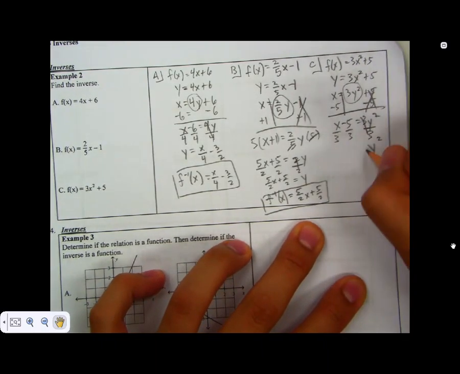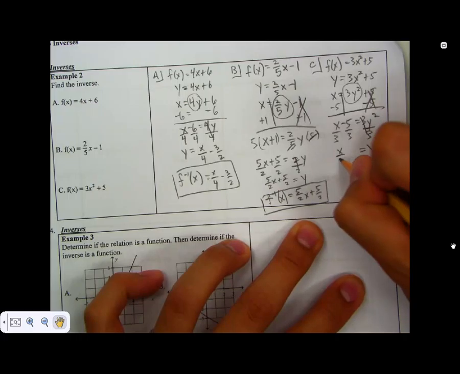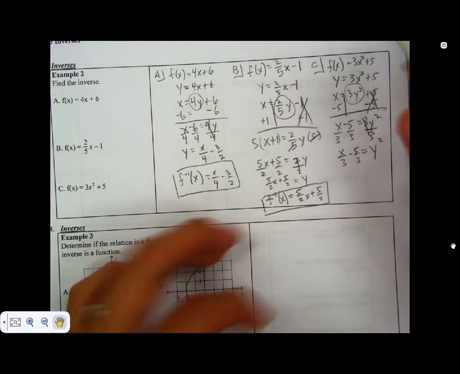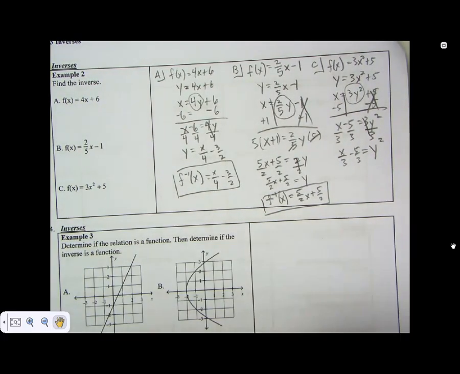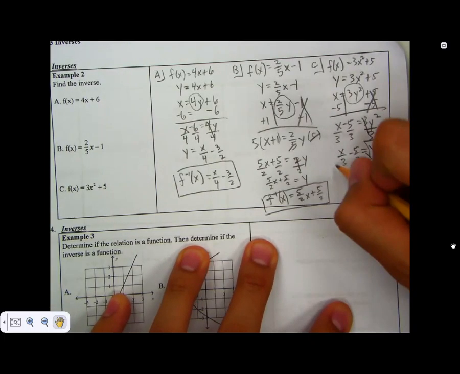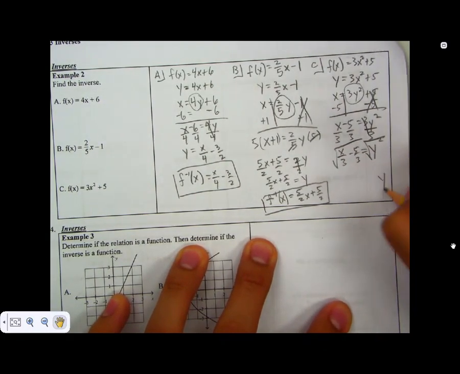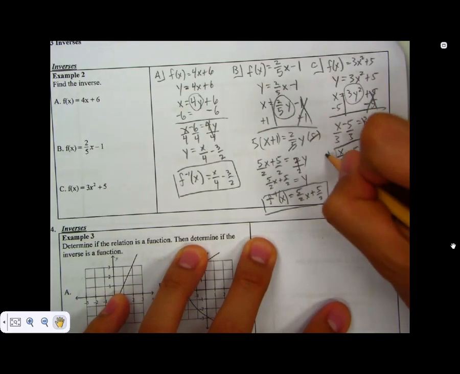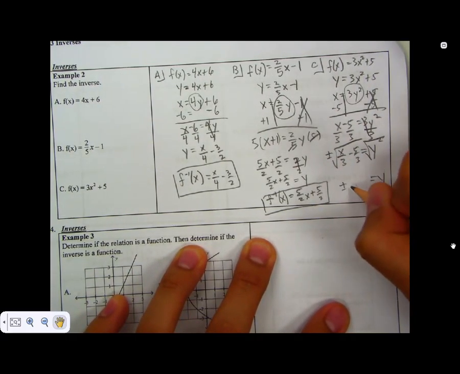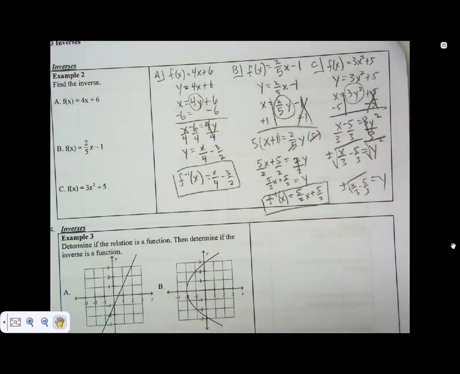So you have y squared equals x over 3 minus 5 over 3. And to get rid of the square, square root both sides. So y equals plus or minus square root of x over 3 minus 5 over 3.